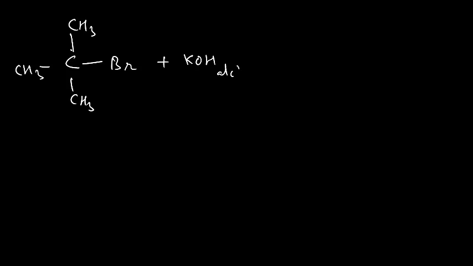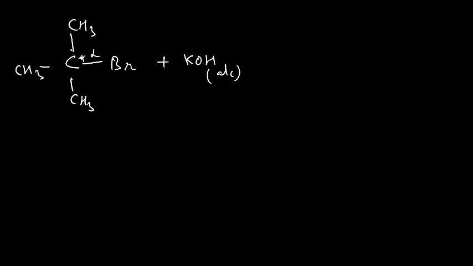Let us see one more example. Beta elimination from a tertiary alkyl halide. This is CH3, this is CH3, this is Br, in the presence of alcoholic KOH. You observe here the carbon bearing the halogen atom is the alpha carbon. And what is the beta carbon?